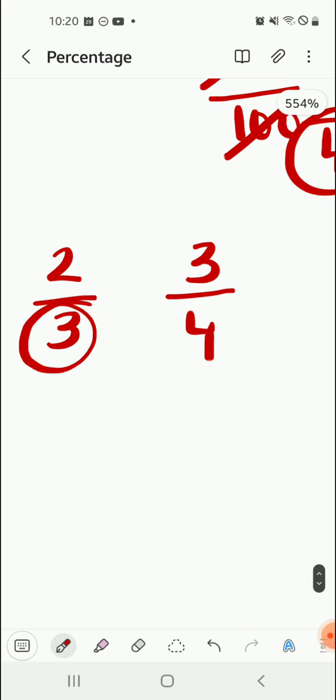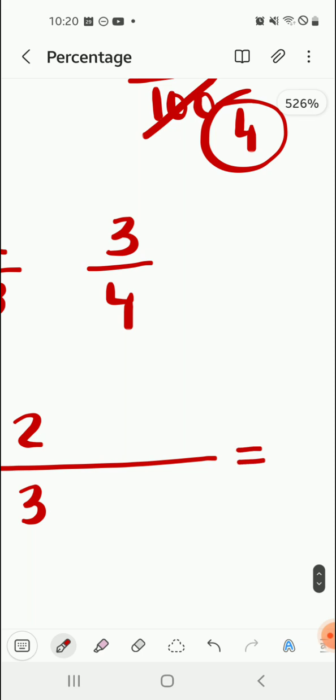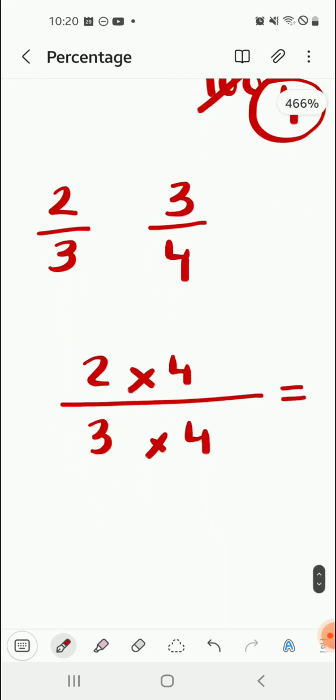Same way, you see, we're going to find the LCM of 3 and 4. For the first fraction, we multiply by 4, because 3 is a prime number and no way can we find 3 in the table of 4. So numerator and denominator are both multiplied by 4.